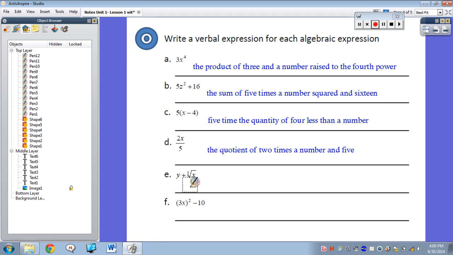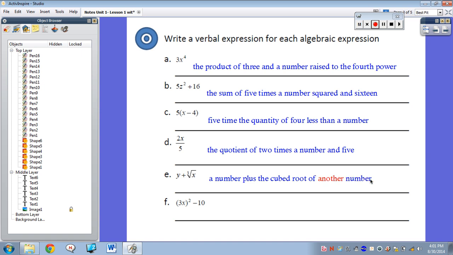Again, you're adding them. So you've got a number that represents what y is, plus the cubed root, that's what the little 3 is, and the square root sign right here, of another number. Okay, and that another part is crucial because you're not talking about the same variable.